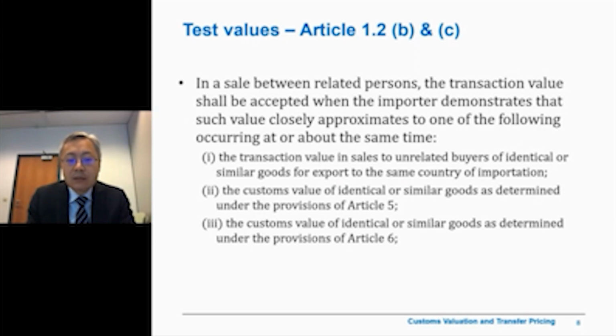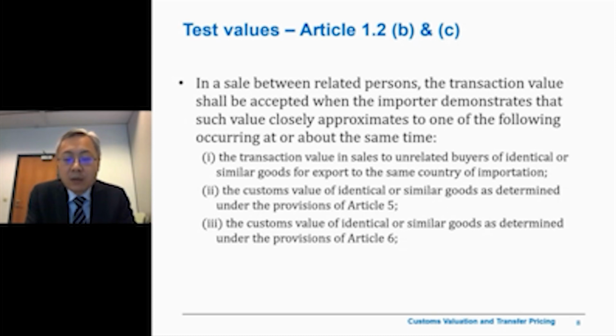So when we use these test values, actually we make a comparison of the declared price or the transfer price of the imported goods with the relevant customs value of identical or similar goods shipment, where the buyer and the seller are not related.